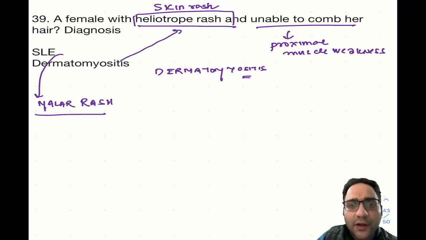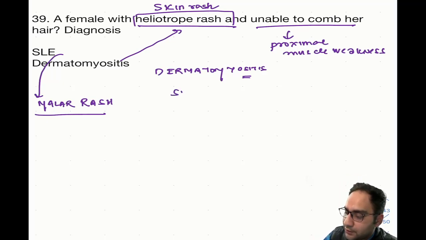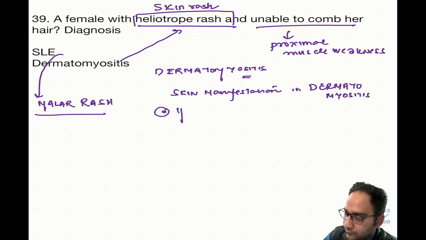But this is not the only rash that you get in dermatomyositis. Along with that rash, you can also get other skin manifestations. So there is the heliotrope rash. You can have Gottron papule.